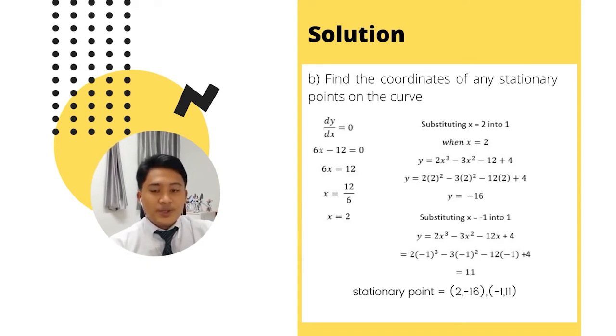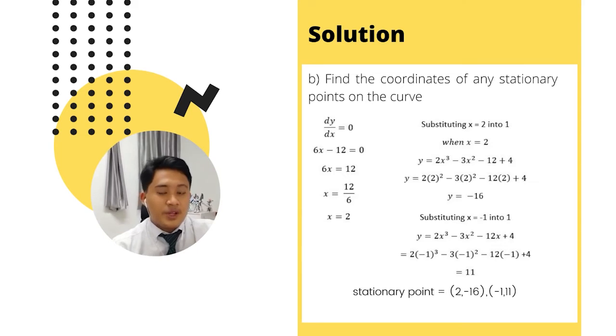But now we must find the y. So when x is equal to, we must replace the x in the equation y equals 2x cubed minus 3x squared minus 12x plus 4.